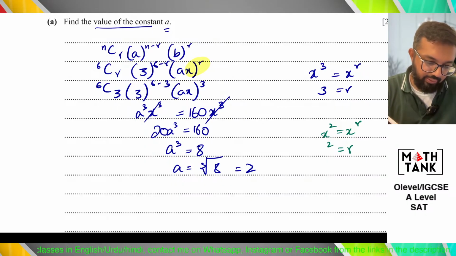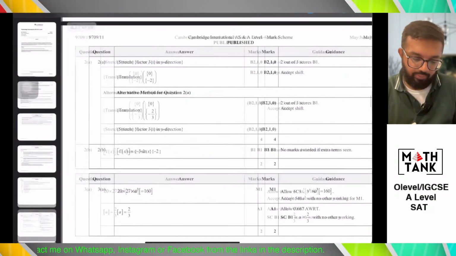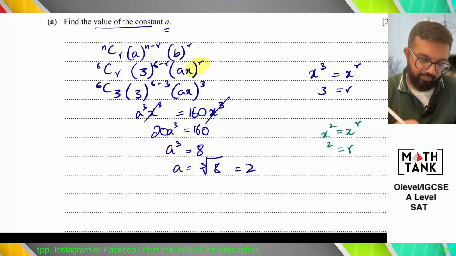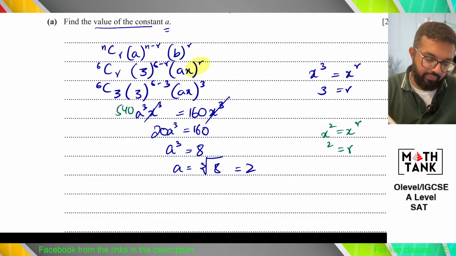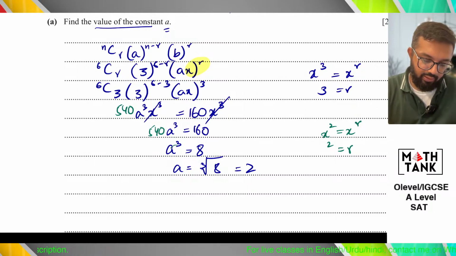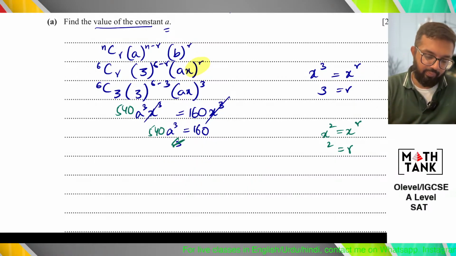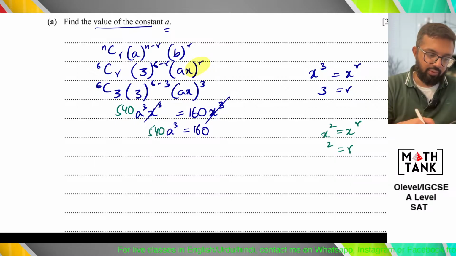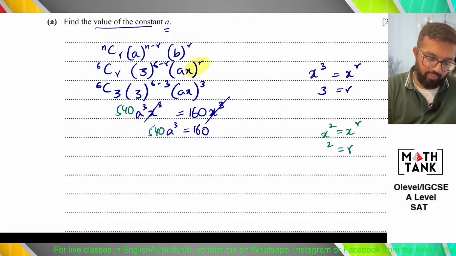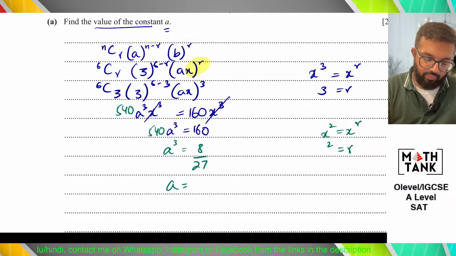I messed up the calculation here. A is not 2. A is 2 over 3. 540. 8 over 27. A is 2 over 3.